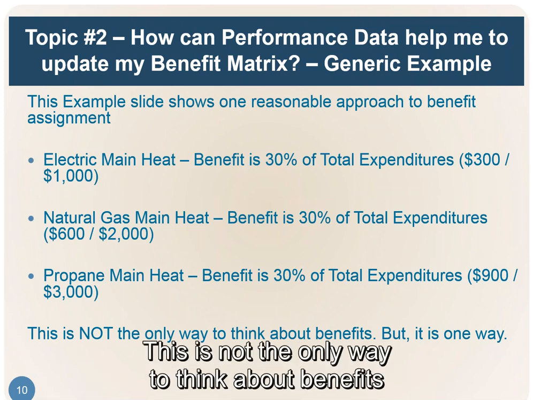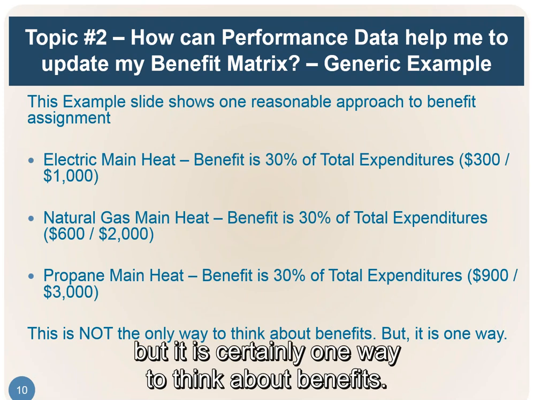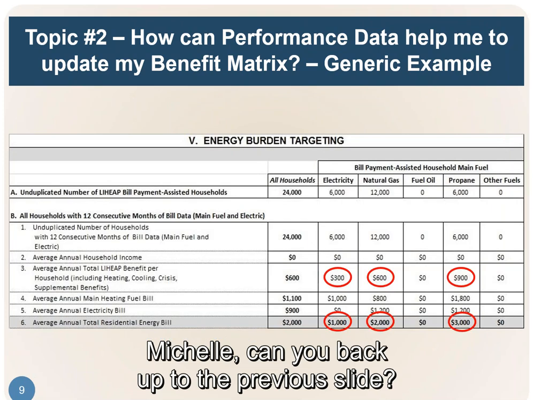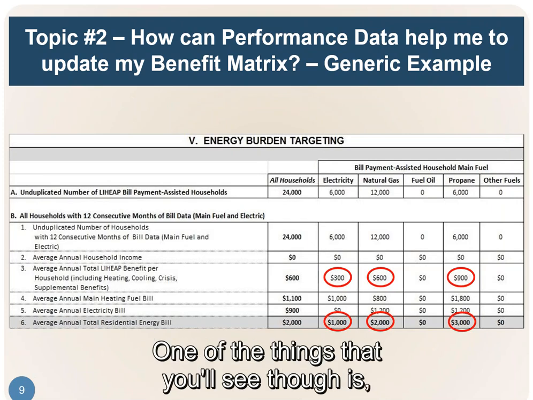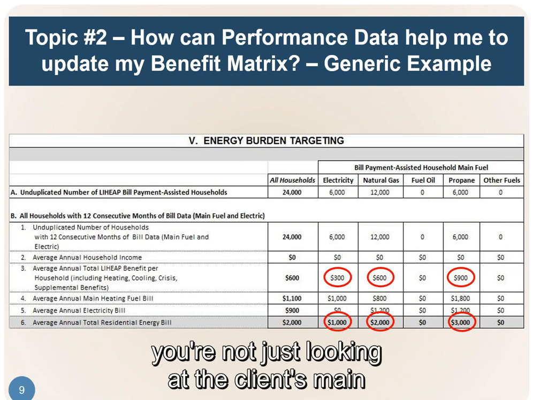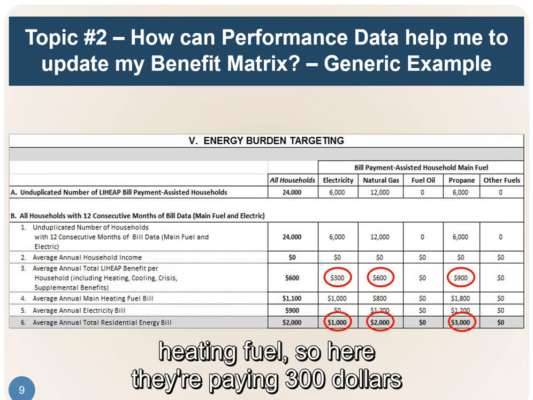This is not the only way to think about benefits, but it is certainly one way to think about benefits. Michelle, can you back up to the previous slide? One of the things that you'll see, though, is that when you add in the electric, you're not just looking at the client's main heating fuel.